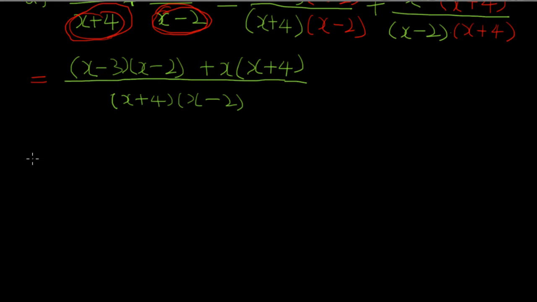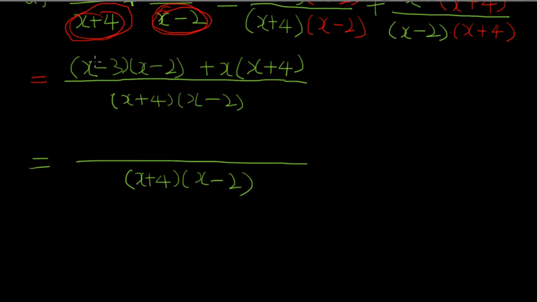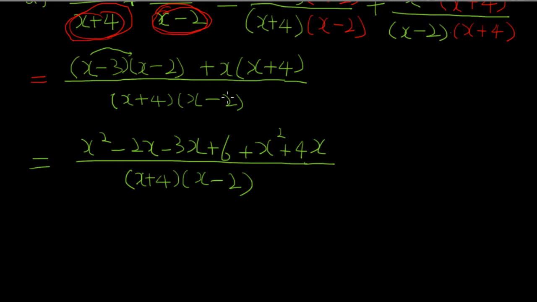Now this would be same thing as x plus 4, x minus 2. Now I'm going to expand. So this times this, x squared, that times this, negative 2x, this times this, negative 3x, plus 6, right? Plus x times x, x squared, plus 4x. All right, so we've done all that.